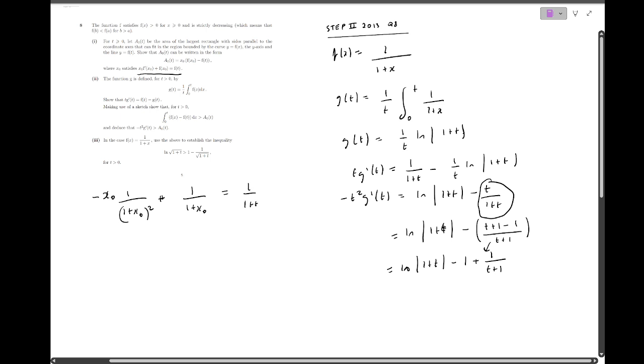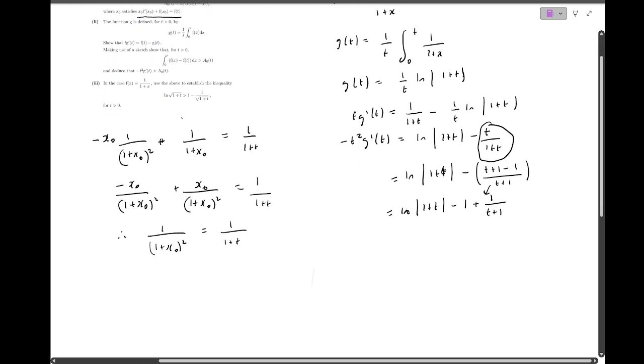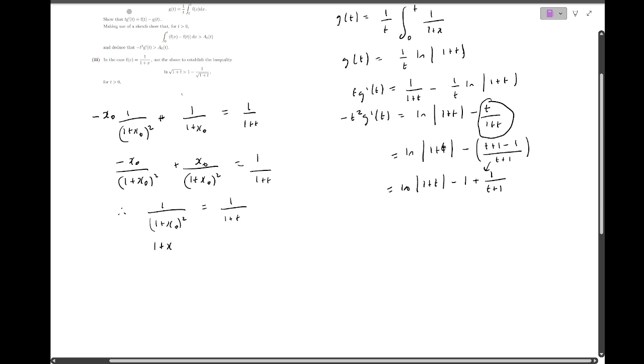We're going to get minus x0 over 1 plus x0 whole squared plus x0 over 1 plus x0 whole squared equals 1 over 1 plus t, and therefore 1 over 1 plus x0 whole squared is equal to 1 over 1 plus t. Now we can take the reciprocal of both sides, and what we'll get is 1 plus x0 whole squared is equal to 1 plus t, and therefore x0 is equal to the square root of 1 plus t minus 1.